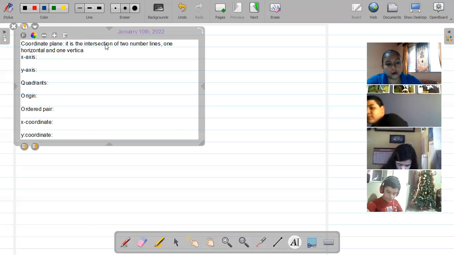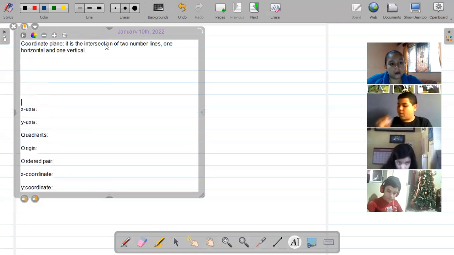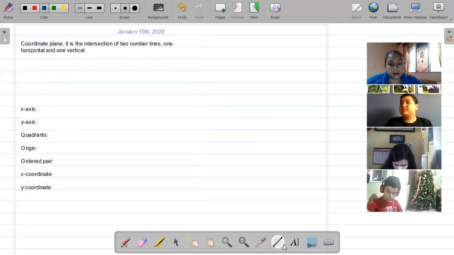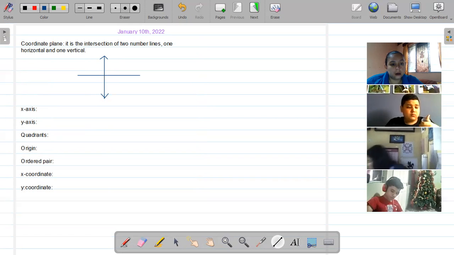And in this case, we are going to have a vertical line, okay? So let's draw over here a coordinate plane. I'm going to draw it in blue. So a coordinate plane has to be a number line vertical and a number line horizontal.